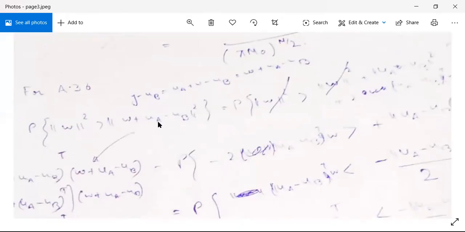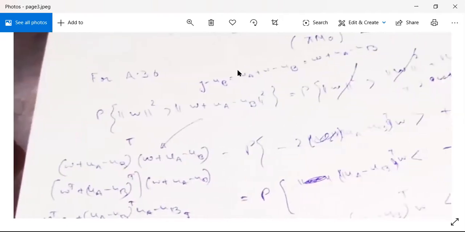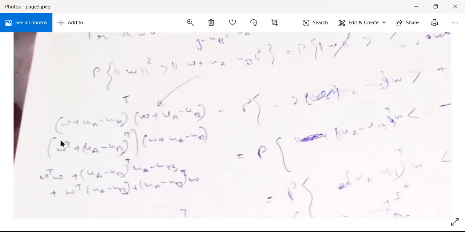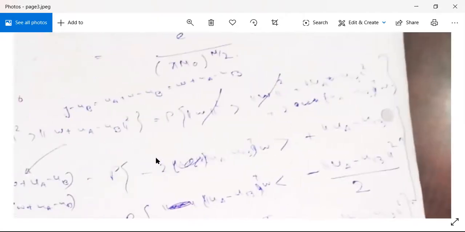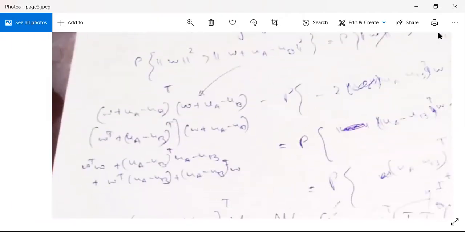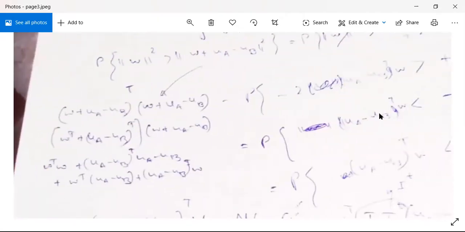First of all, I can open this up as follows. Mod square is actually the same vector transpose. This will be 1 cross n, this will be n cross 1, giving 1 cross 1, and then the transpose comes here. You can multiply with these brackets, and you will get this term. So w mod square, and all of this term written here, this will become w mod square.